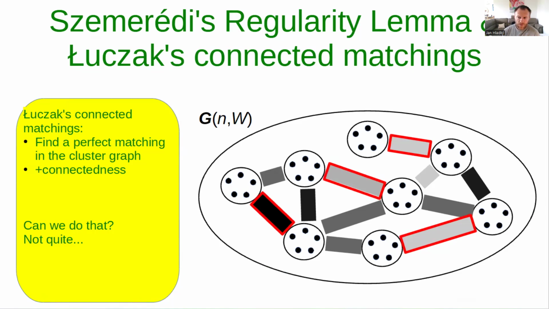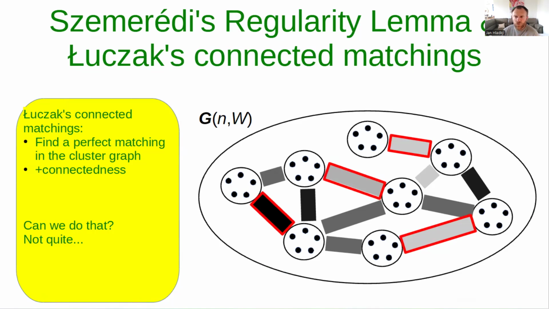We would apply the blow-up lemma to each of the regular pairs, but not all pairs, only those that are present in the perfect matching. That would give you a system of paths which covers almost all the vertices of the original graph.